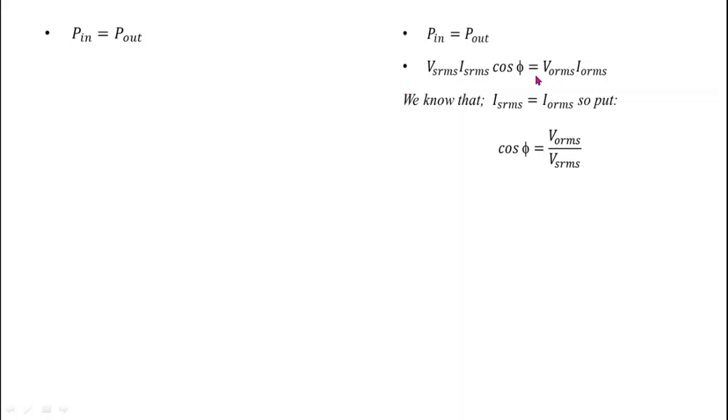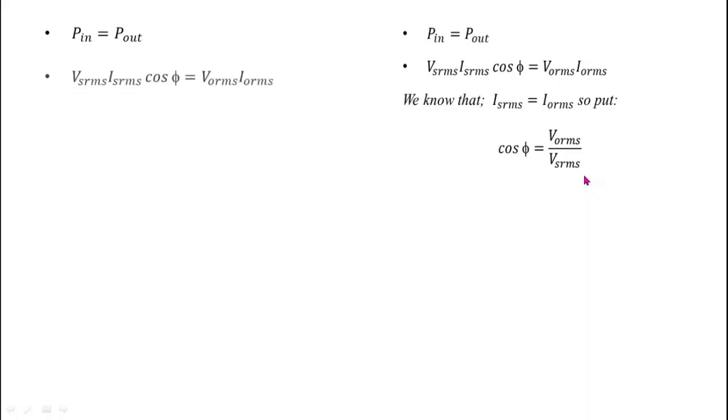If we put this, and we know that this source current is equal to this output current, so Is RMS is equal to I naught RMS, cancel them out, and we get input power factor cos phi is equal to V naught RMS by Vs RMS. This procedure to calculate input power factor is the same in all rectifiers.